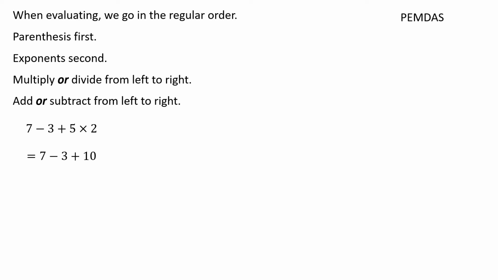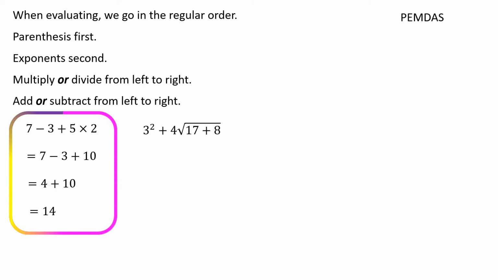Now it's add or subtract from left to right. So I'll have to do the subtraction before the addition because I got to go from left to right. So 7 subtract 3 gets 4. Then 4 plus 10 is 14. And that is the answer to the first question.